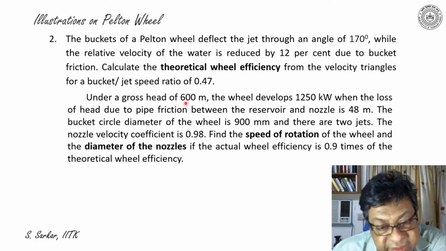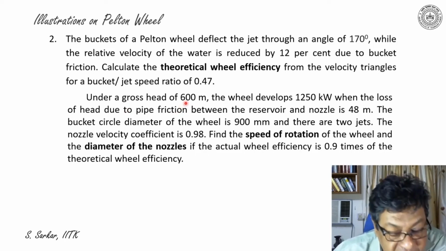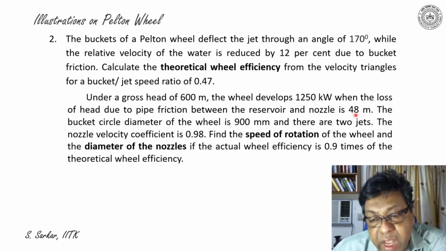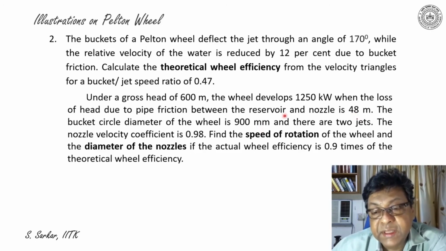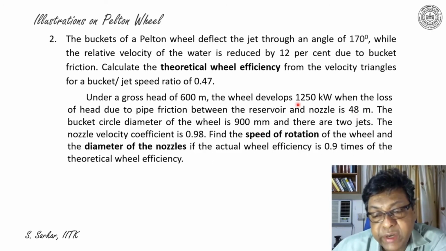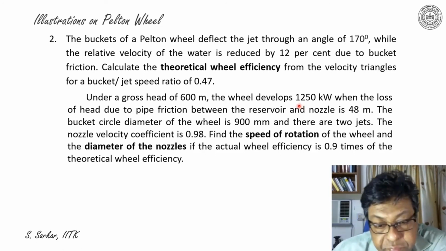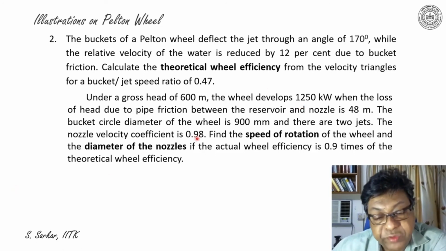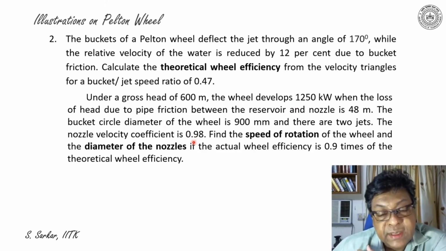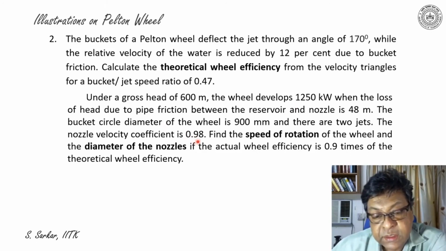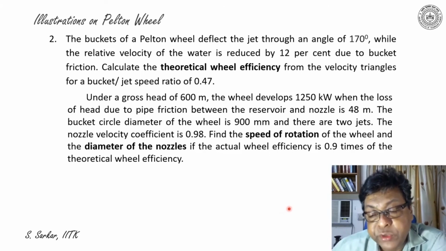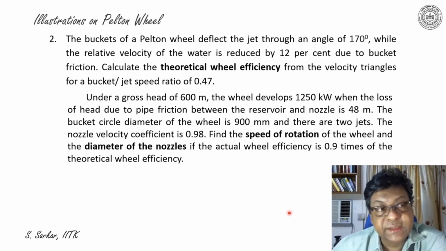Furthermore, the gross head is given as 600 meter, the losses in the pipeline are 48 meter and the power developed is 1250 kilowatt. Furthermore, the coefficient of velocity is 0.98. We'll have to calculate the speed of rotation of the wheel and the diameter of the nozzle, and it is also given that the actual wheel efficiency is 0.9 times the theoretical wheel efficiency.